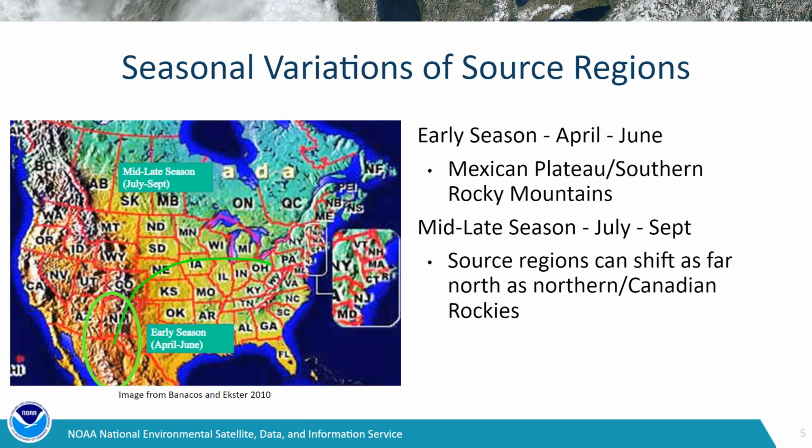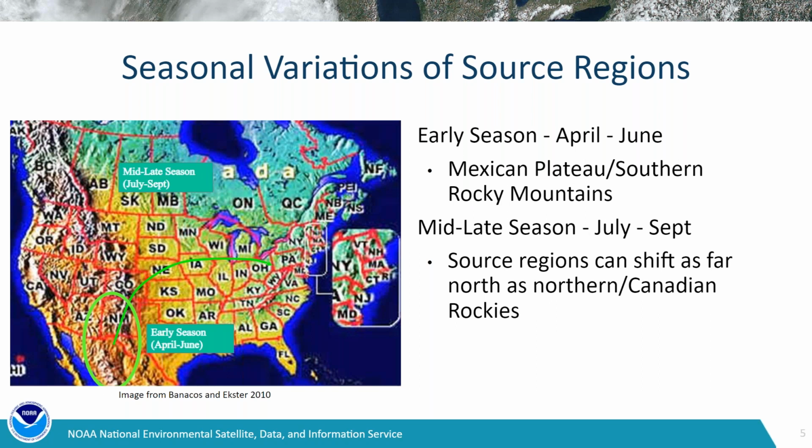Talking about some of the seasonal variability, typically this time of year, as we get close to the April, May, June timeframe, our main source regions for the elevated mixed layers are going to be the higher terrain across the desert Southwest, the Mexican Plateau, etc. However, that gradually shifts northward with time.